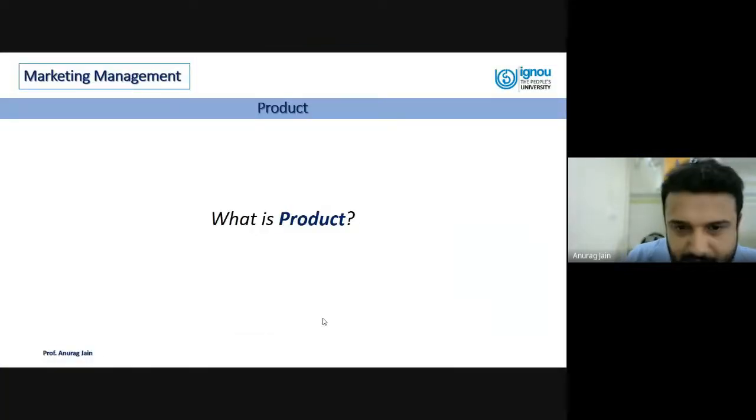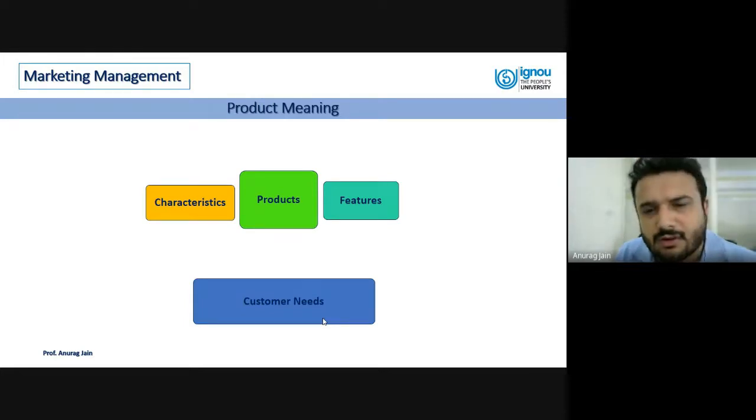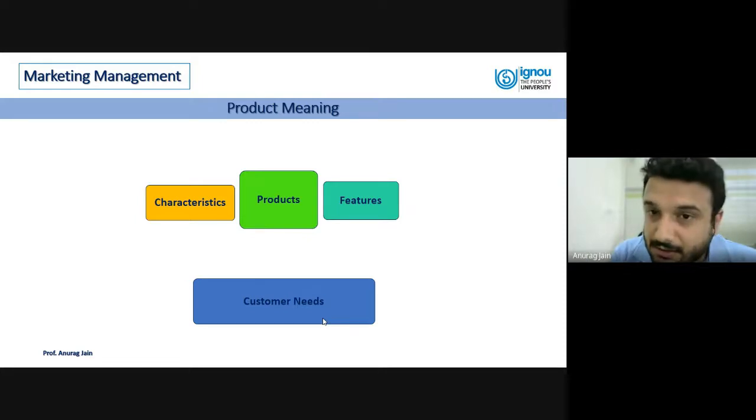So what is a product? Let me tell you a very brief meaning which I got out of all the definitions which are available in the literature. A product is a combination of characteristics and features having a capability to satisfy consumer needs or customer needs. This is the simplest definition we can have about any product.